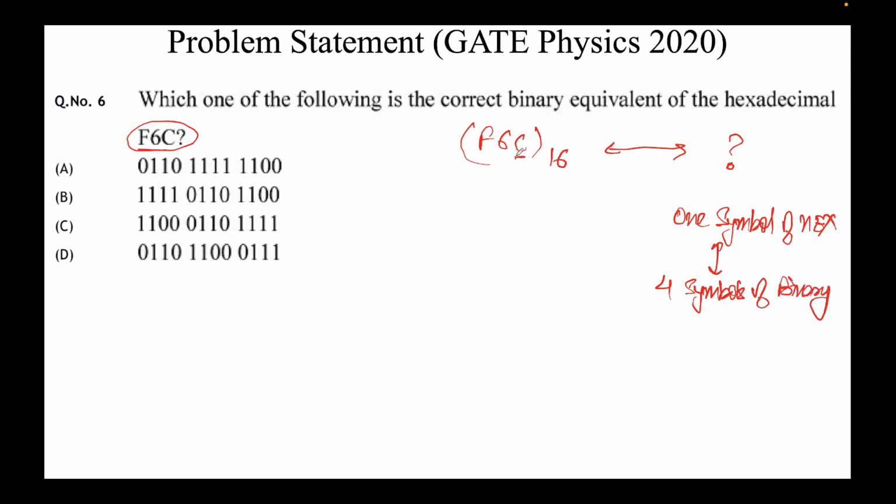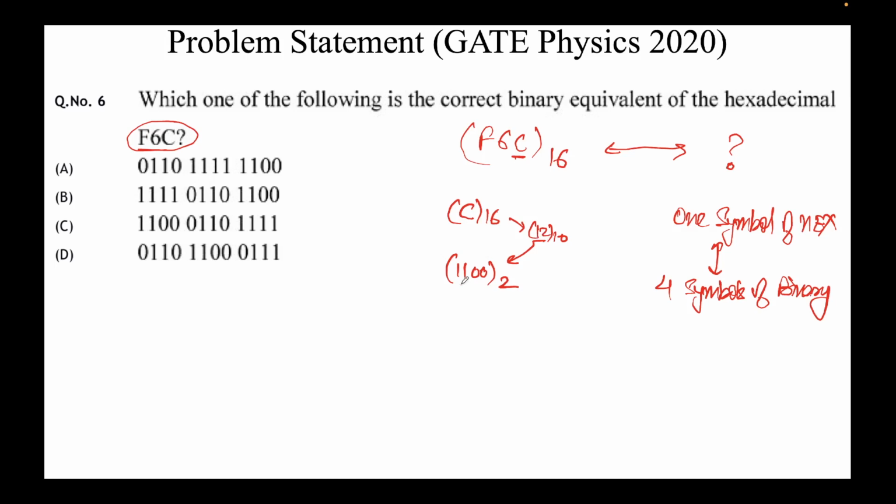Let's first consider the last symbol here, C. C in hexadecimal, we know, is 12 in decimal, and 12 in decimal is 1100 in binary. How do you convert? You again use the division by 2 approach, and 12 converts to 1100.